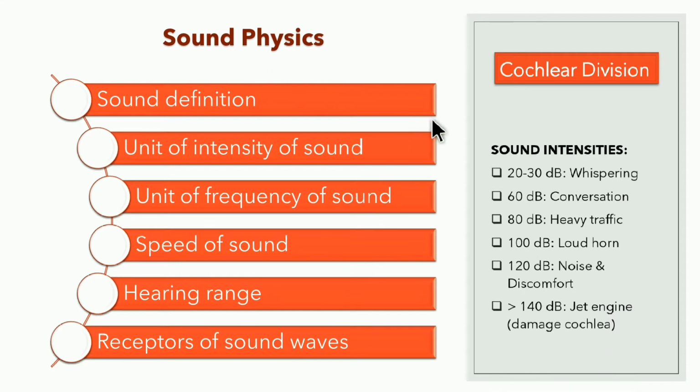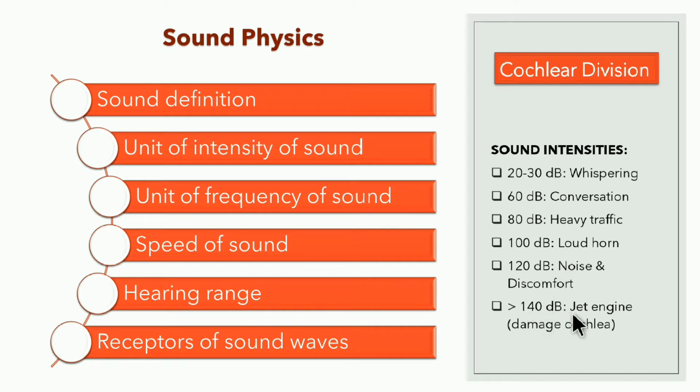Now some more viva questions are on the sound intensities. When you whisper, the sound intensity is between 20 to 30 decibels. When we are doing normal conversation like now, it is usually around 60 decibels. In heavy traffic it is 80 decibels. When a loud horn is being played, it is 100 decibels. At 120 decibels you feel any sound as a noise and you will feel discomfort.